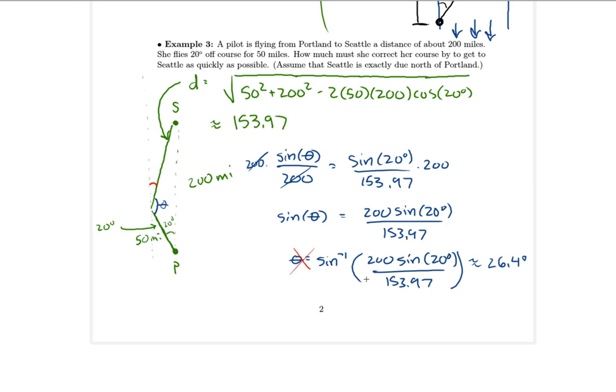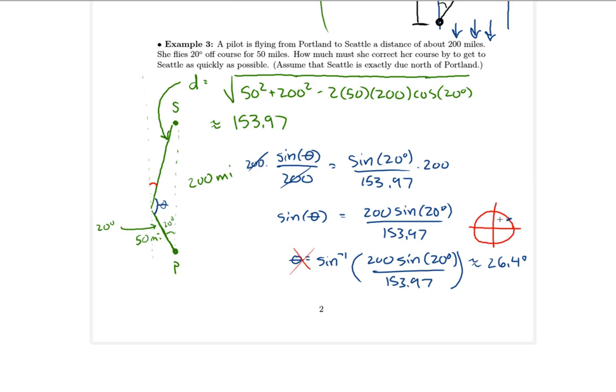Remember, what this goes back to is just like when we were solving triangles with law of sines where we had angle side side, we had to understand that there are two places on the unit circle that give you a particular sine value. So if I think about the unit circle for a moment, 26.4 degrees is right about here.